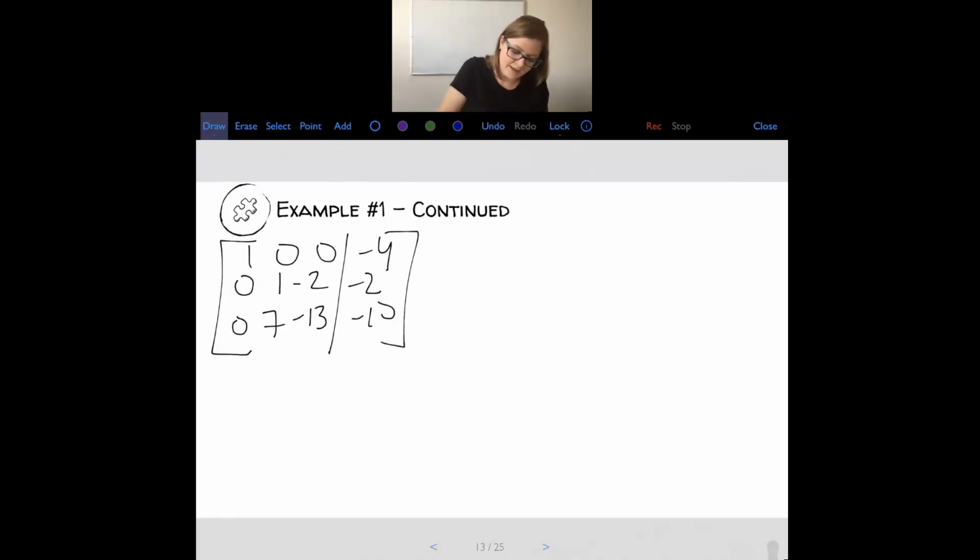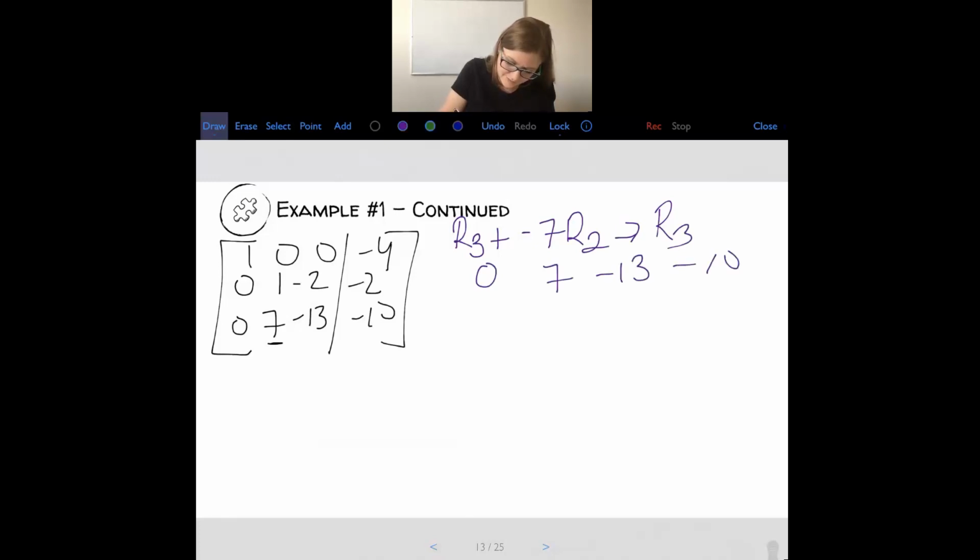Next I need to get my 7 for column 2 set up on the way to reduced row echelon form. So I'm going to take row 3 plus negative 7 times row 2, and that gives me my new row 3. Row 3 is 0, 7, negative 13, negative 10, and negative 7 times row 2 is negative 7, 14, and 14.